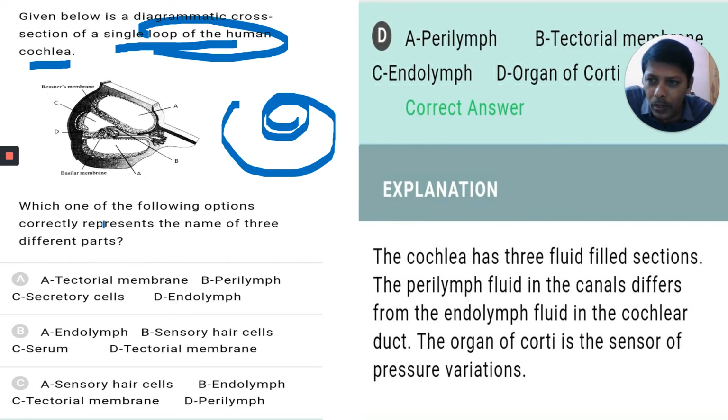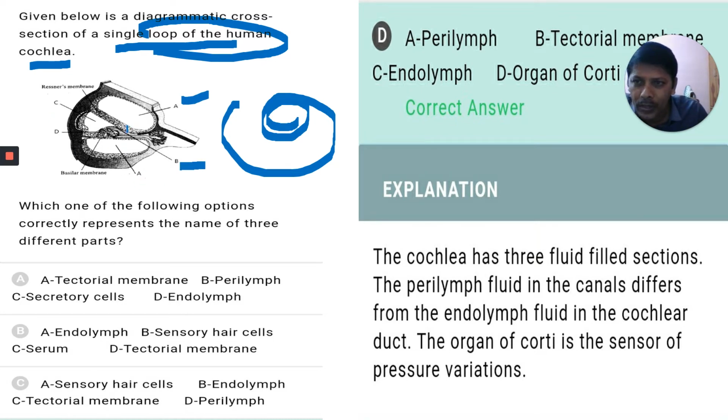Okay, you can observe here what they have asked. Let us see which correctly represents the names of the three different parts. They have asked A, B. Another A is also given here.